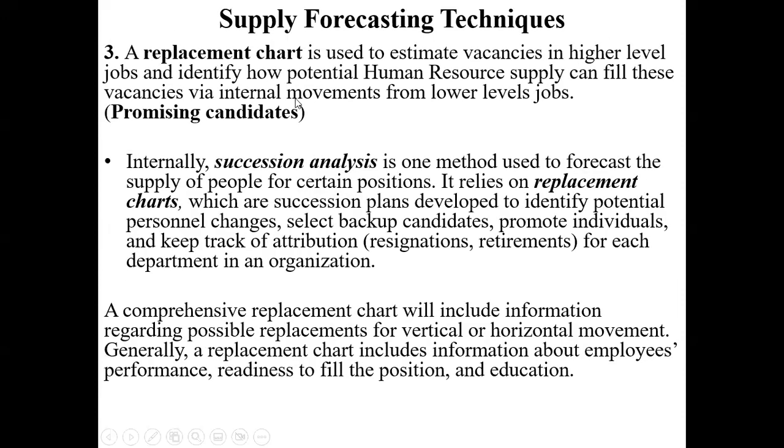We also have the use of replacement charts. A replacement chart is used to estimate vacancies in higher level jobs and identify how potential HR supply can fill these vacancies via internal movements from lower levels. So essentially, in replacement charts, the HR department creates a graphical representation of all the positions that are filled in the organization, particularly the higher ones.